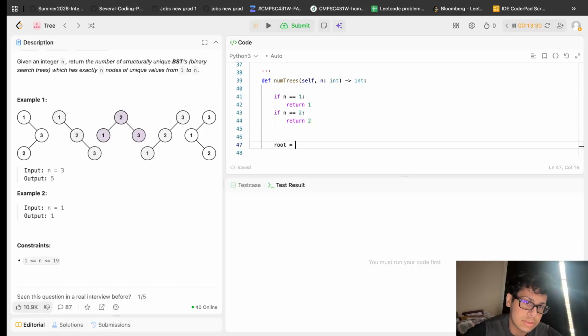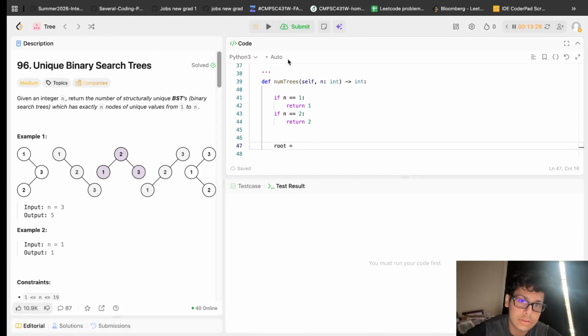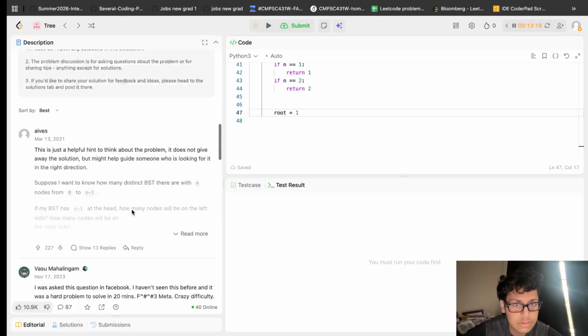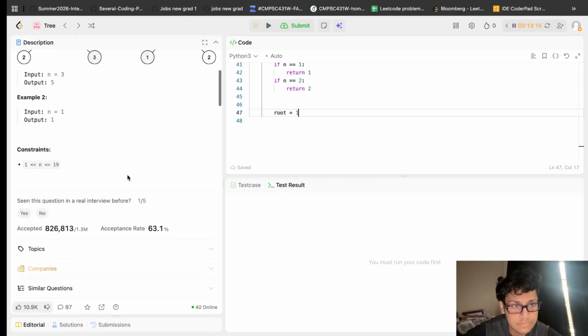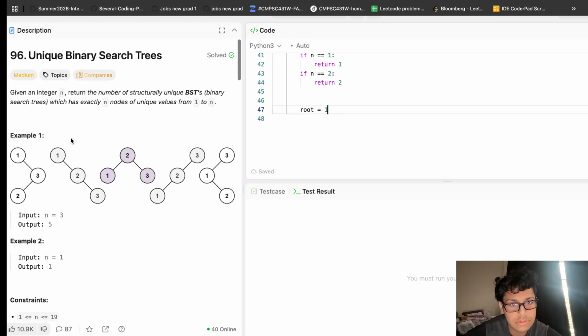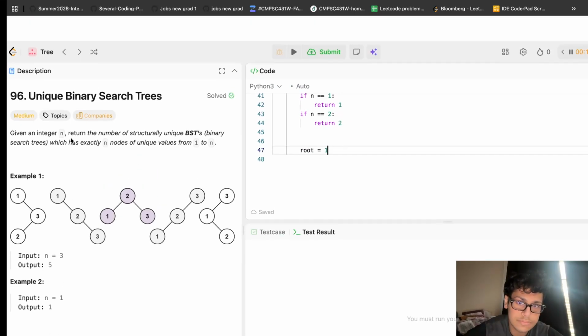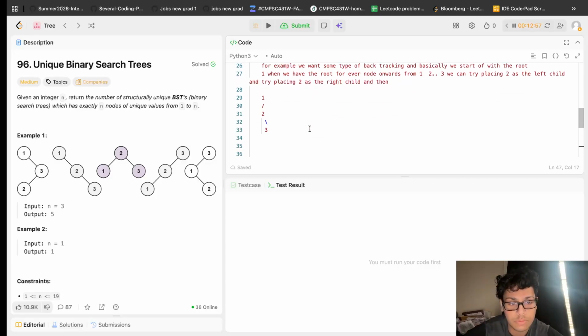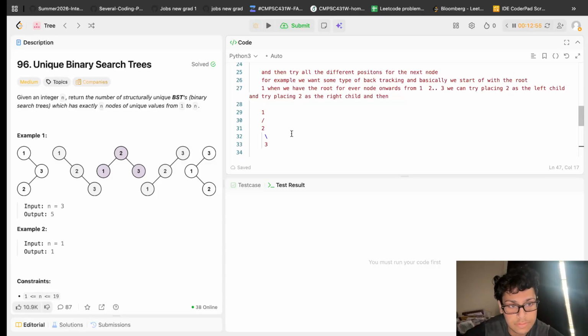Root equals 1. Yeah, I'm trying to think what I'm not thinking of.